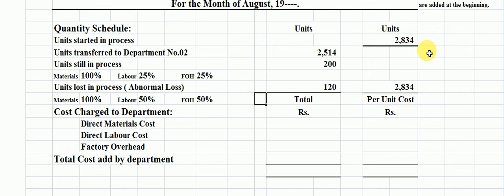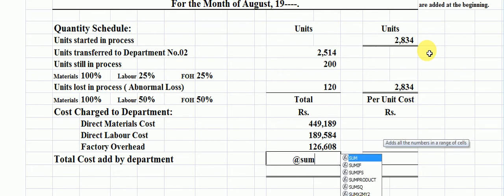Now we move to section 2, cost charged to department. The direct material cost is 4,49,189, then 1,89,584 as direct labor cost, and 1,26,608 rupees as factory overhead cost. Now we add all these figures.